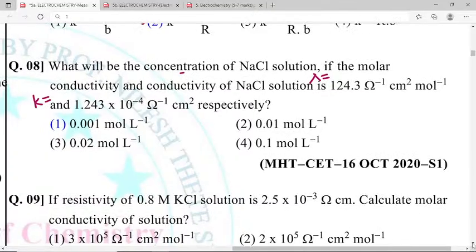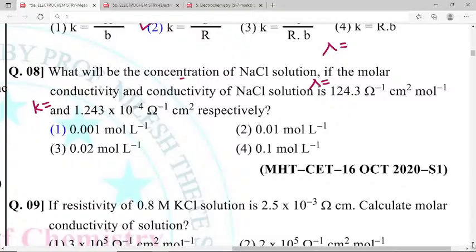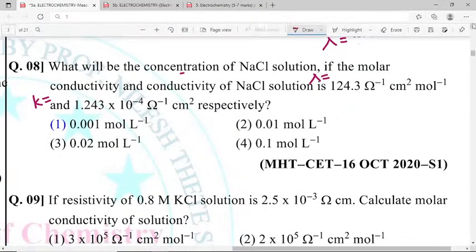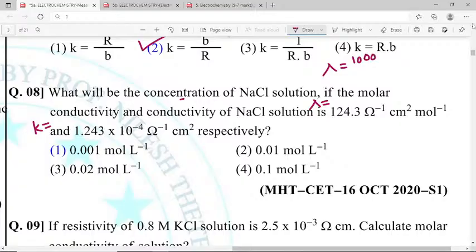What is the formula? Lambda is equal to 1000 K divided by C. So C is equal to 1000 K divided by molar conductivity.